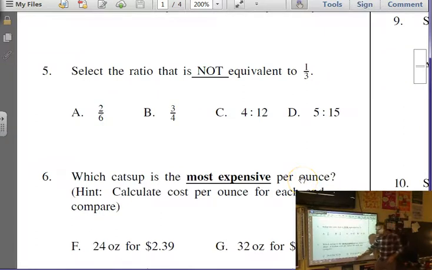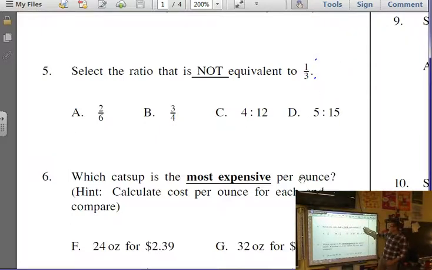And number 5, a ratio that is not equivalent. Well, let's see, how do I go from 1/3 to any of these others? I have to be able to multiply the numerator and denominator by the same value. So if I look at 1/3 and I multiply the top and bottom by 2, I get 2 over 6. So that is equivalent. If I multiply the top and bottom by 4, I get 4 to 12. So that is equivalent.